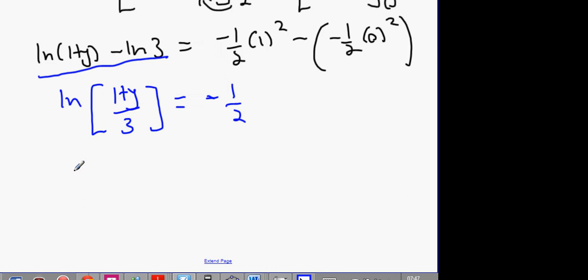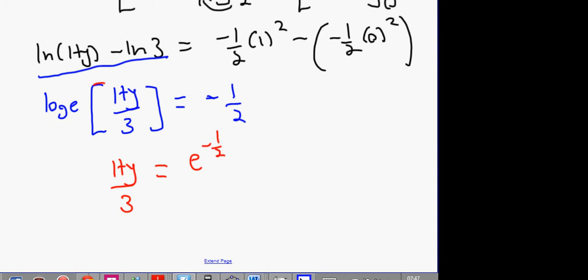Now, please remember that ln means log to the base e. Okay, ln means log to the base e. So, what you've got to do with logarithms is, whatever's in here, that equals e to the power of minus a half. So (1 plus y) over 3 equals e to the power of minus a half.